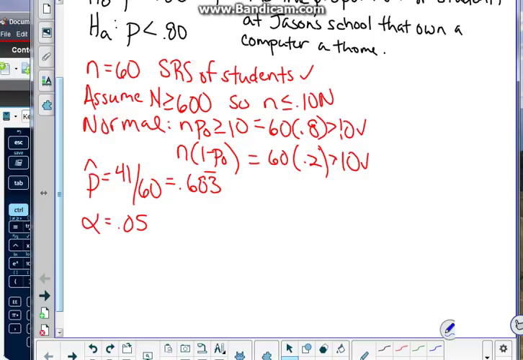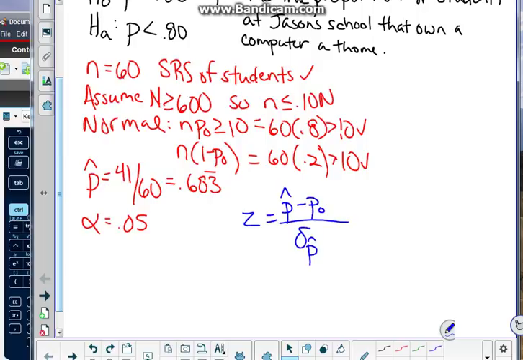The p-value comes from the test statistic, or the z-score, which in this case is going to be our p hat, minus what we assume the center of our sampling distribution is, p naught, and then we divide it by the standard deviation of the sampling distribution. Okay?